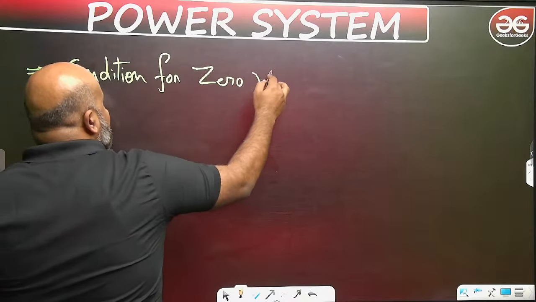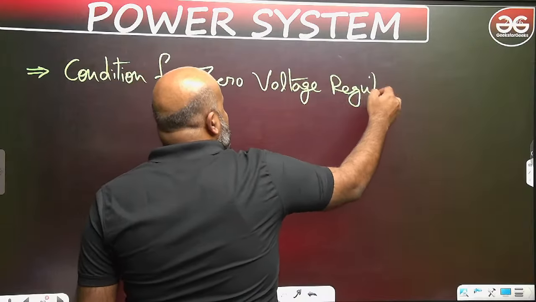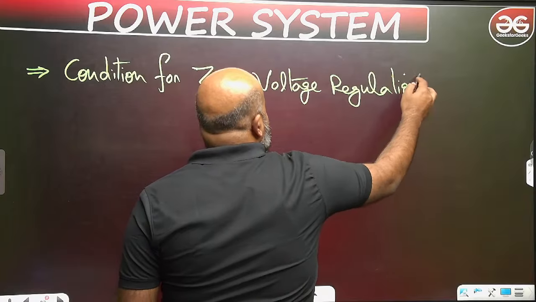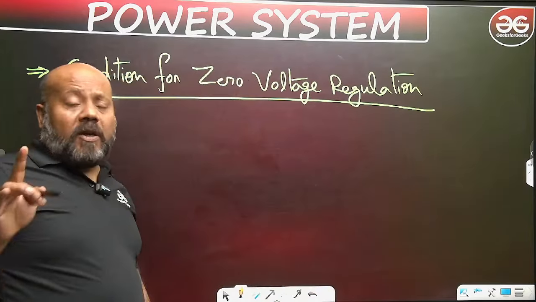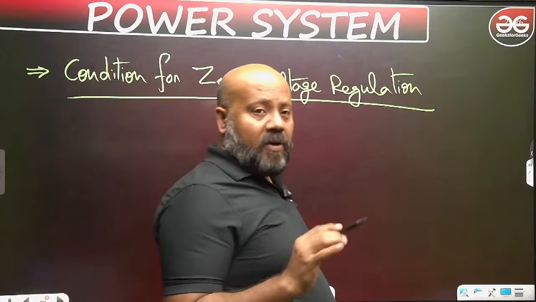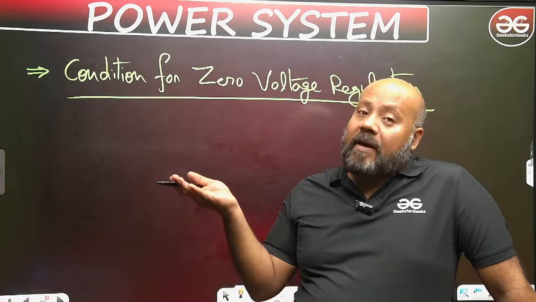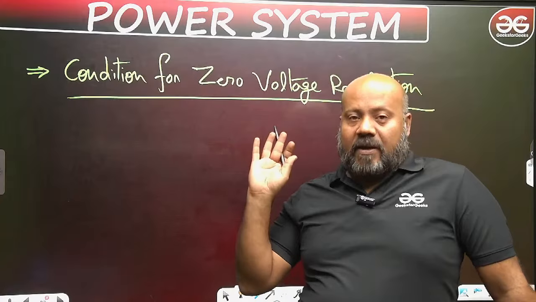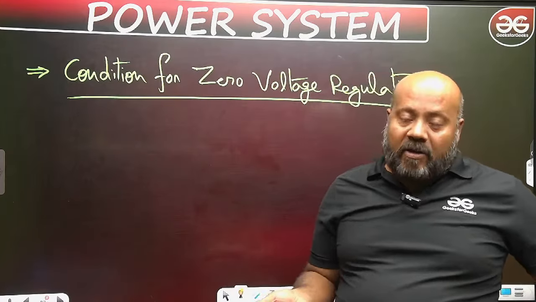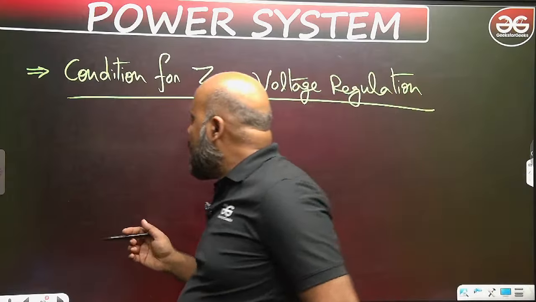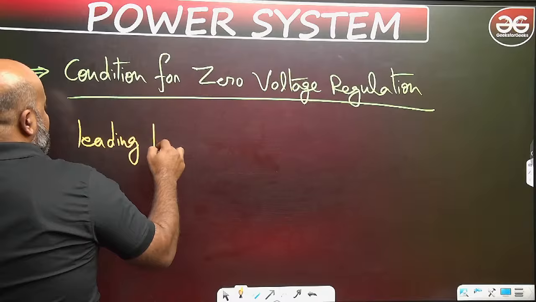Zero voltage regulation is only possible for the leading load condition, because leading load condition means that at the receiving end, the voltage drop is going to be less. Because the magnitudes of Vs and Vr have to be equal, only then voltage regulation can be zero. For that case, it is only possible for a leading load.